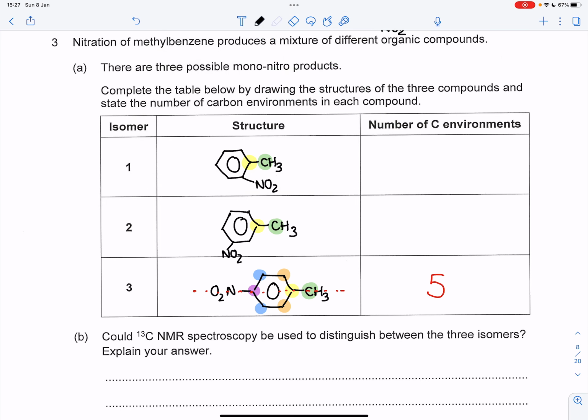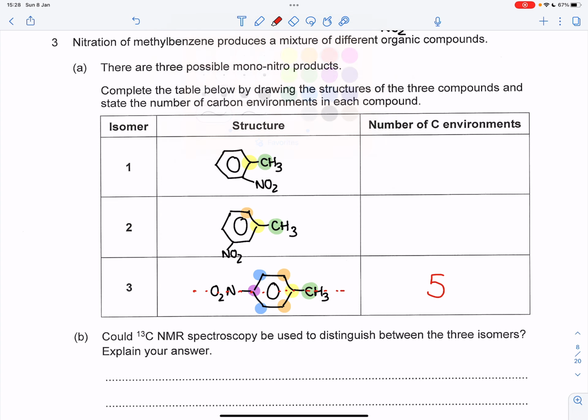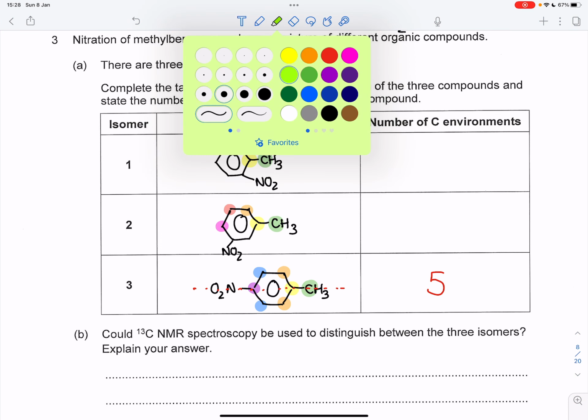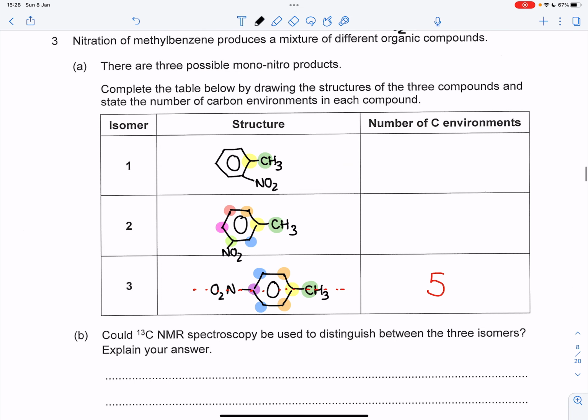Okay, and the next one, we had our yellow and our green, but this is now not symmetrical. So if this is orange, the one opposite it isn't orange because of the nitro group. So then we'd have to keep going around. We've got a red, and then a pink, and then a different kind of green, and then a blue. And so we can see that we've actually got 7 different colours there.